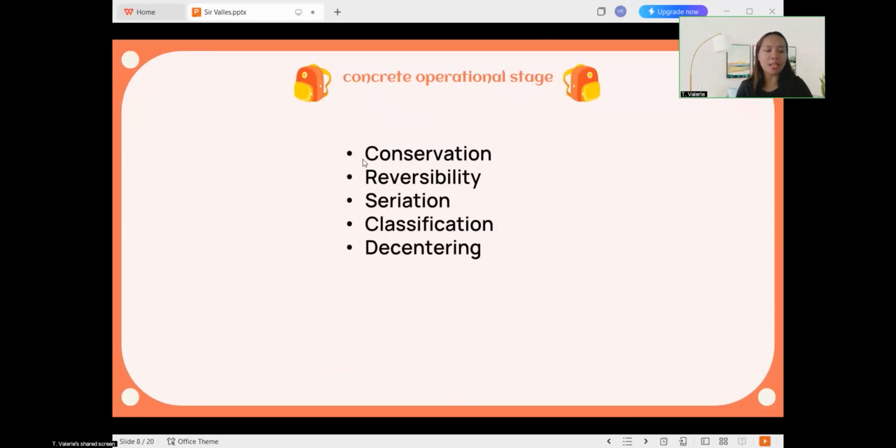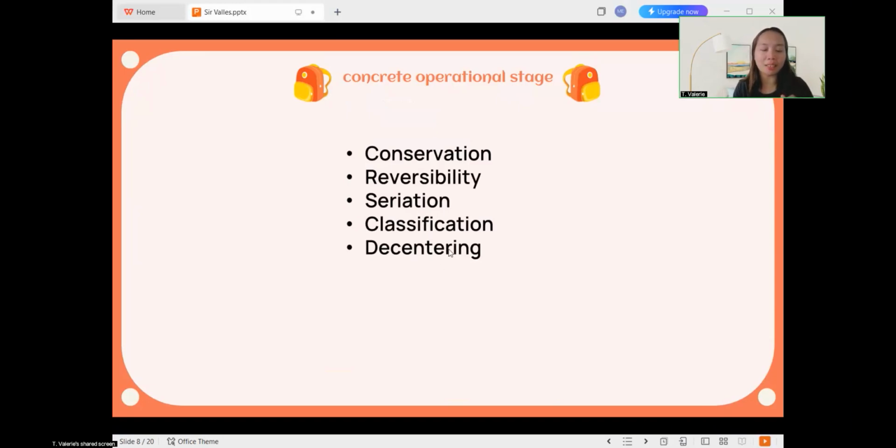So in seriation, the child can now arrange things in order. And this one, classification. So a child can now order or sort objects based on their characteristics.